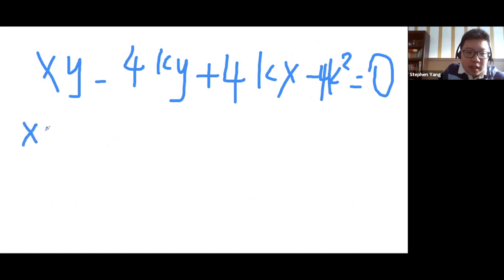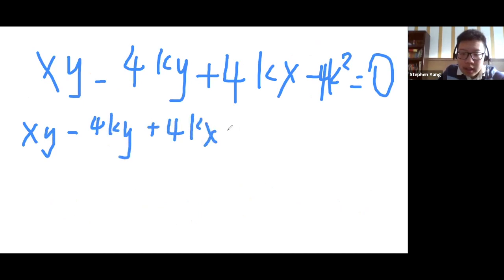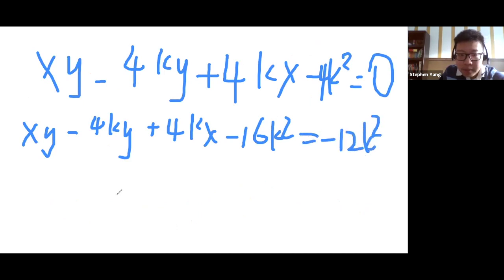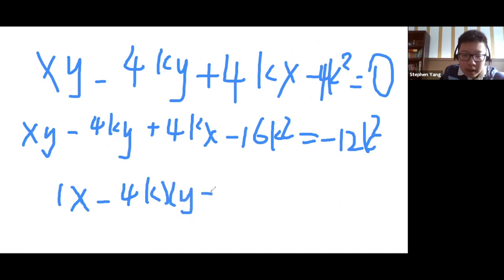This means that XY minus 4KY plus 4KX minus 16K squared is equal to negative 12K squared. What this means is X minus 4K times Y plus 4K is equal to negative 12K squared.